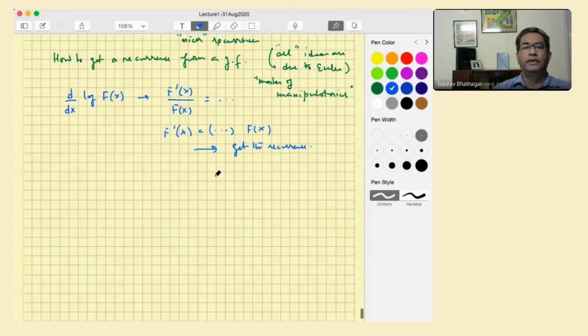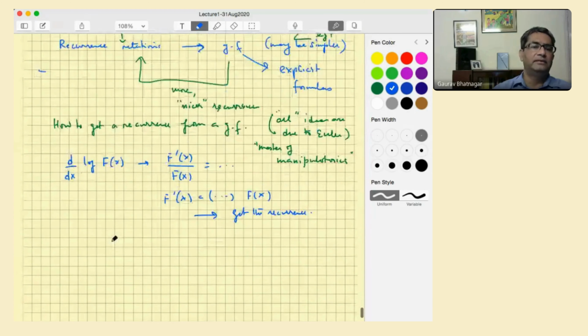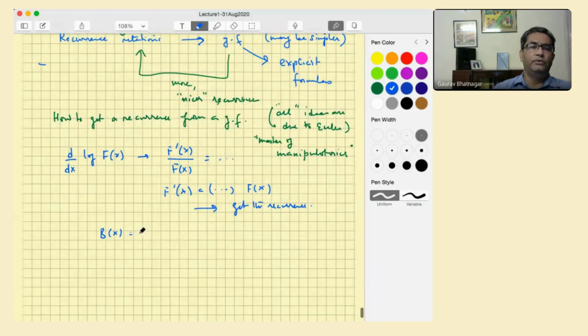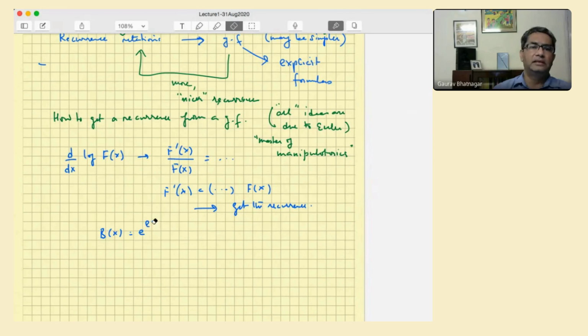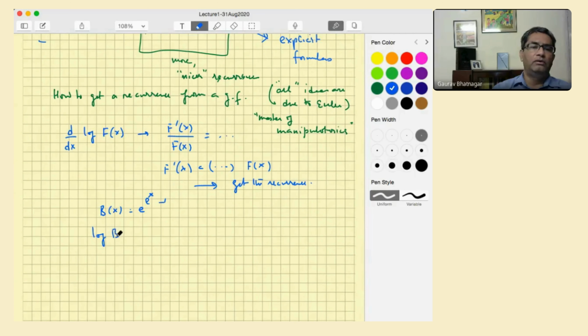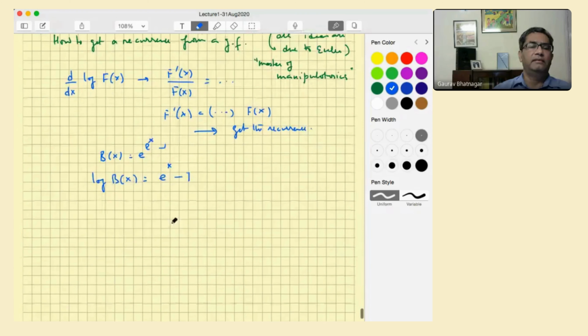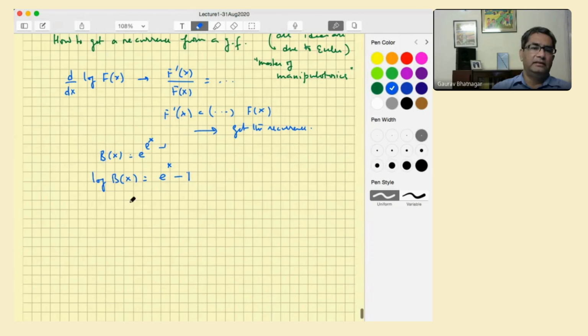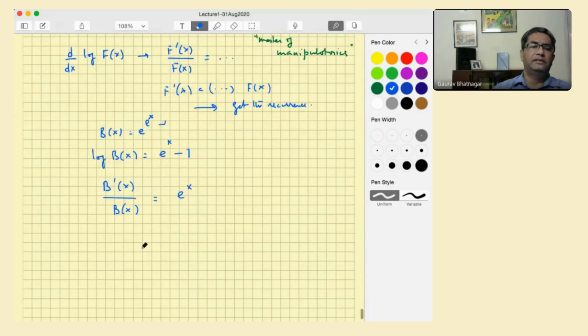Let me begin with this one. We have b of x is equal to e raised to e raised to x minus 1. So we take the log, which is e raised to x minus 1, and then we take the derivative. So b prime x over b of x is equal to e raised to x.